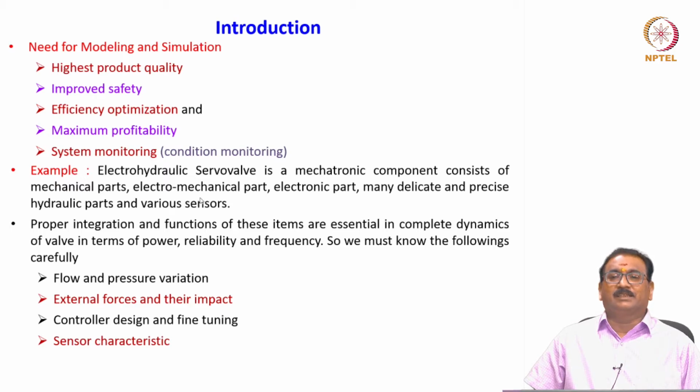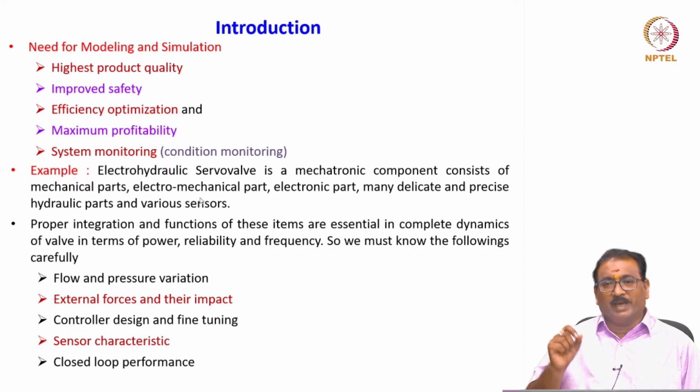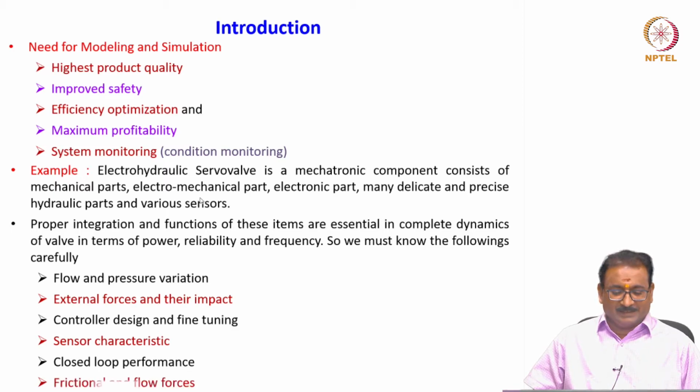Sensor characteristics, closed loop performance, because the electrohydraulic servo valve is a closed loop system, meaning you have to ensure the feedback from the actuator to the summer to correct the given input, meaning the desired input and the final output should match each other, correct. We have seen this already in the last class. Then frictional and flow forces. Also try to incorporate these to make the model simple.